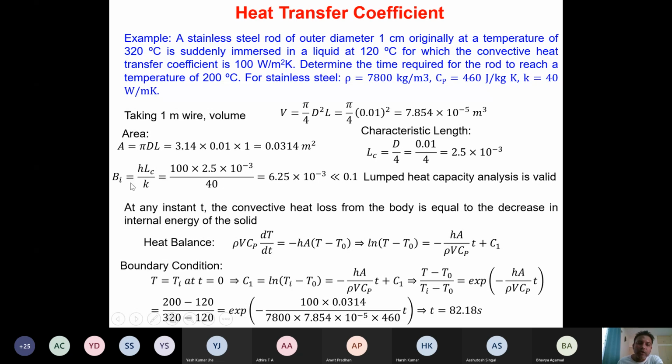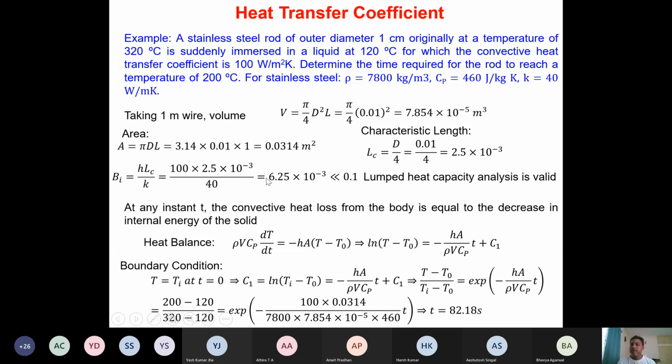In all such cases, we have to use the length as a characteristic length which is defined as volume by area. So for a flat plate, it comes out to be just L. For a cylindrical case, it comes out to be R by 2, and for the sphere, it comes out to be R by 3. So this you have to remember.